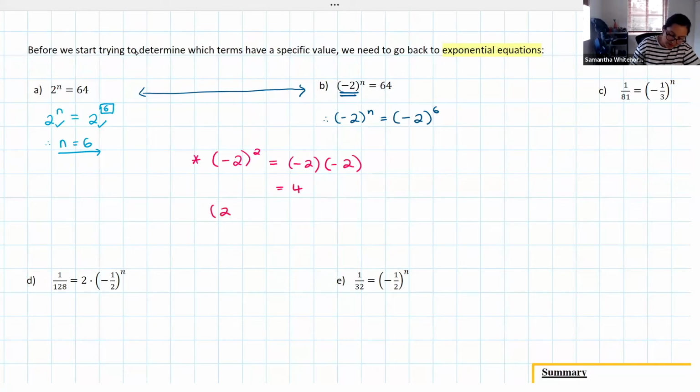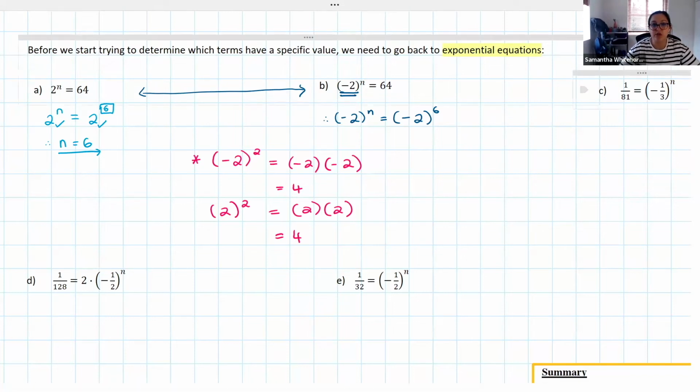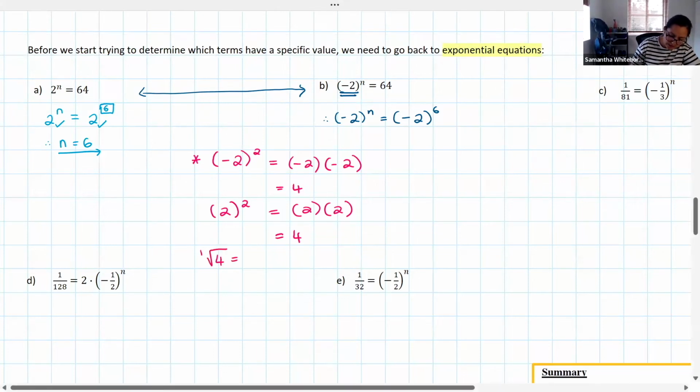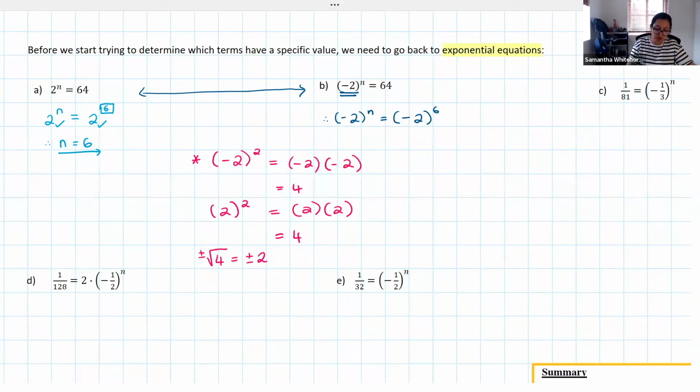If I had +2 to the power of 2, that would be +2 times +2, which still gives me 4. And this goes back to our exponents, when your teachers always tell you, if you are going to square root a value, remember your plus minus. So the square root of 4 actually has two potential solutions, because we could either square a -2 or a +2 in order to end up with that same value 4.